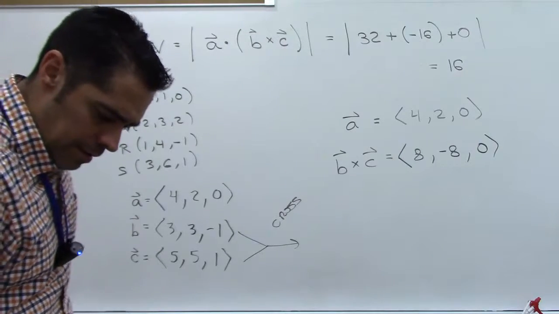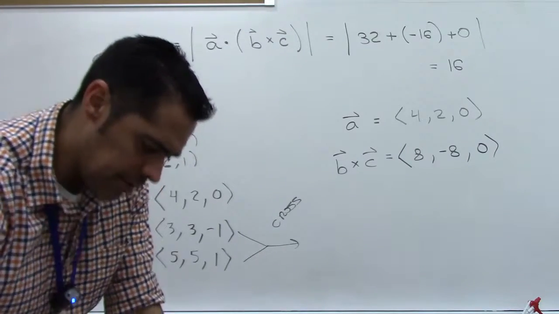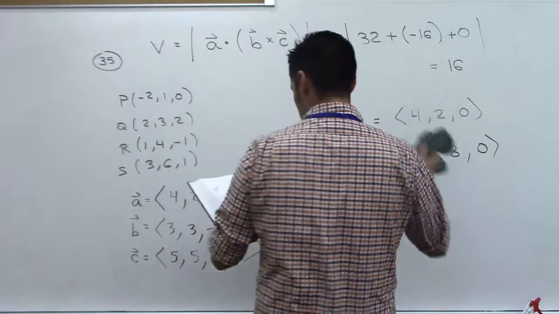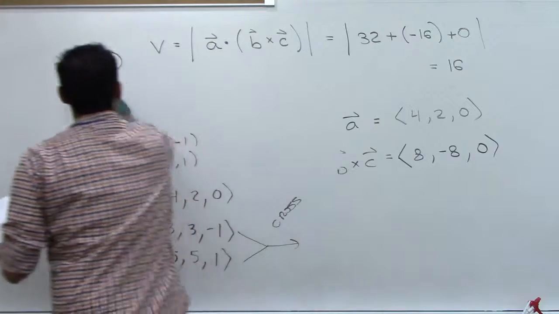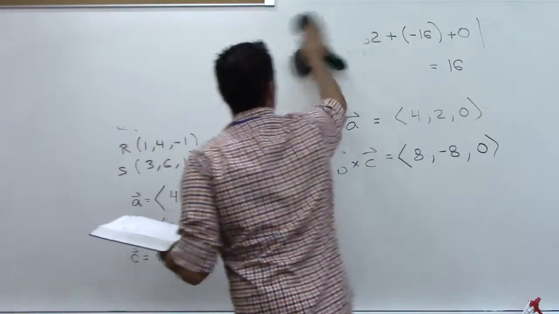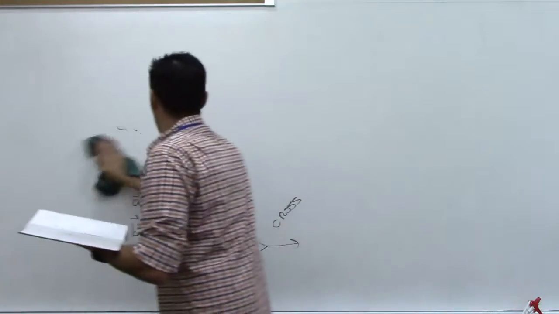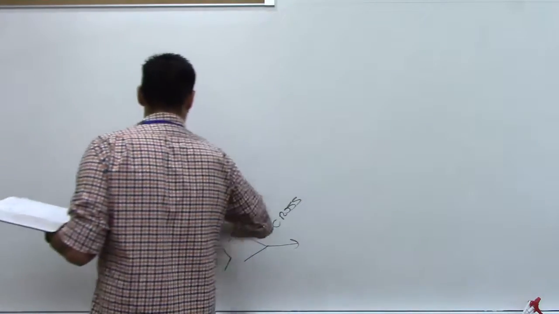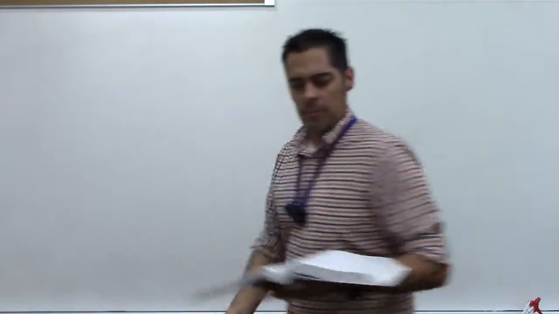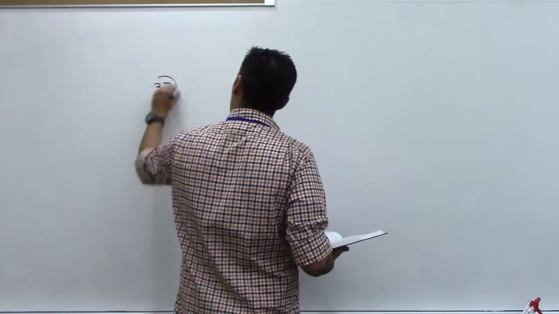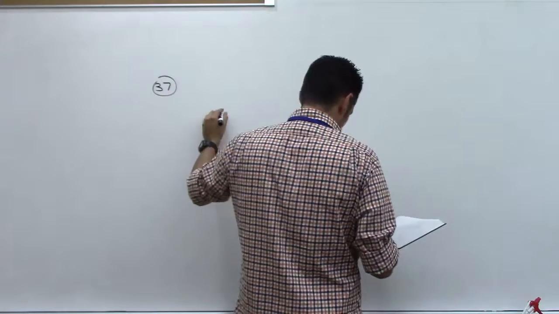Use the triple product to verify that these vectors are coplanar. Okay, so let me try and explain what's going on here. And you write down these vectors I give you.